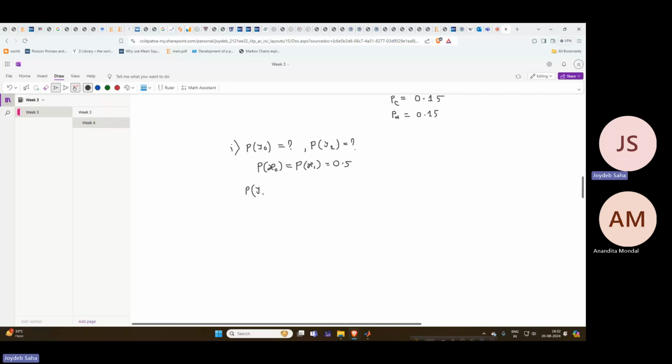Probability of y0 will be, using again the total probability theorem, it can happen in two ways. y0 can happen when input is x0, so probability of y0 upon x0 into probability of x0, or it may happen with p of y0 upon x1 into p of x1.